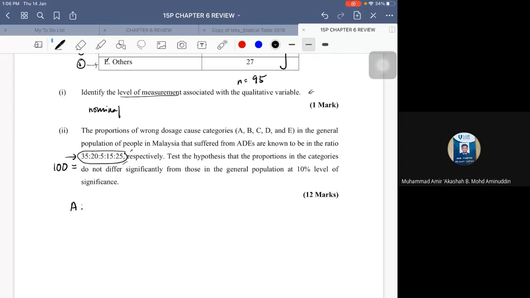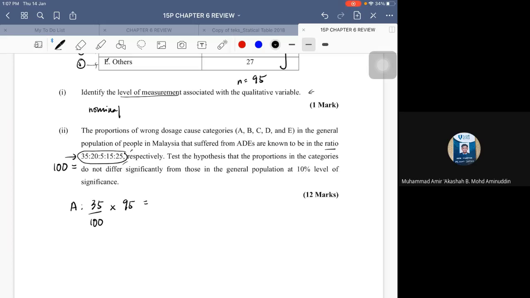For category A, basically the population is divided by a ratio of 35, 25, 15, and 20. For A, it's going to be 35, so that is a ratio of 35 over 100, multiplied by the whole sample. Our whole sample is given by 95.